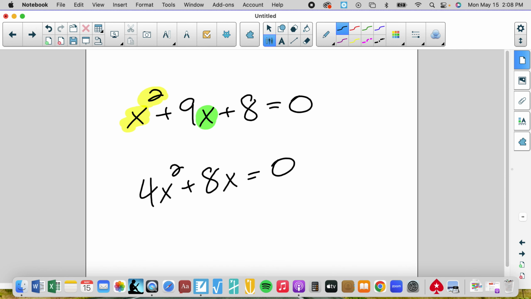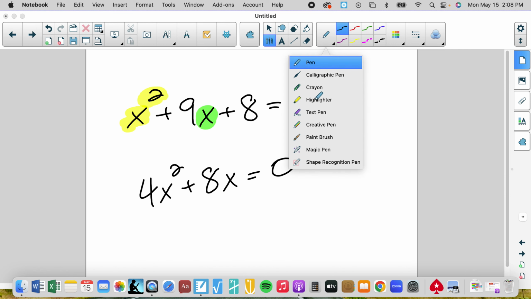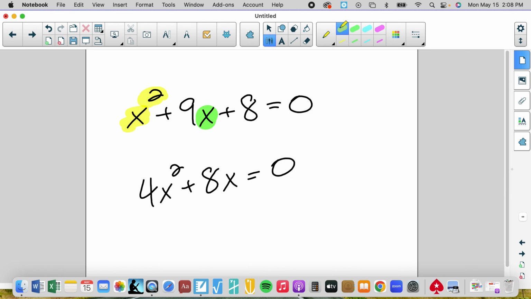Notice we still have two variables, the same variable to two different powers, x to the first and x to the second. But how we solve this top one is going to be completely different from how we solve the second one. And then we can look at a problem like this.